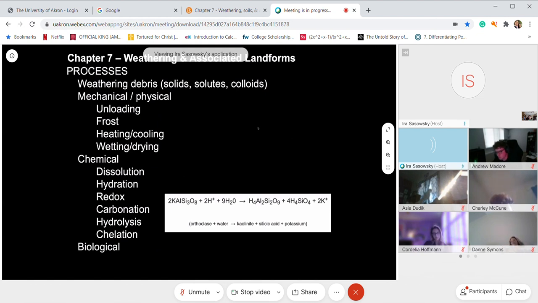When we have oxidation weathering, it's typically where we have minerals containing iron, but it also affects manganese, sulfur, and titanium-bearing minerals, which, of course, have to be polyvalent minerals so that they can change their electron state. And in the book, they give an example of one of those reduction reactions.